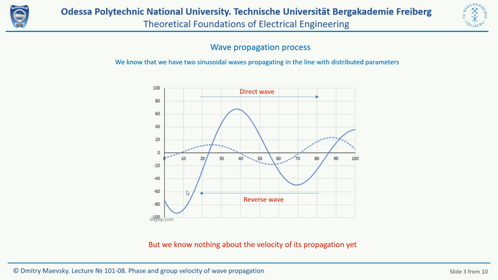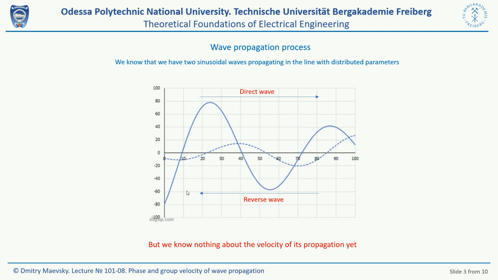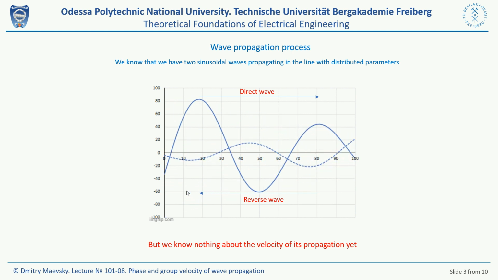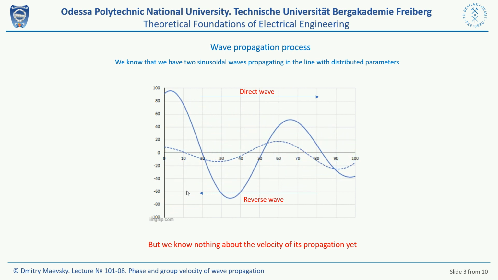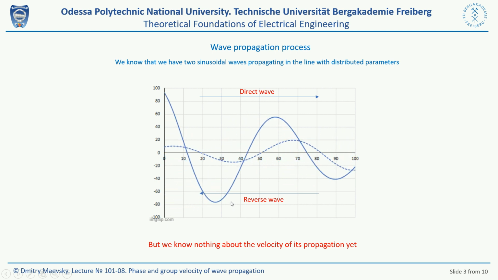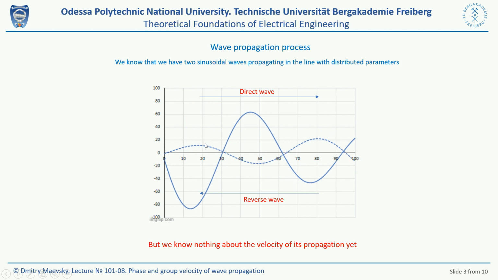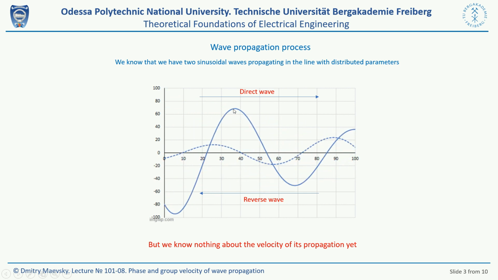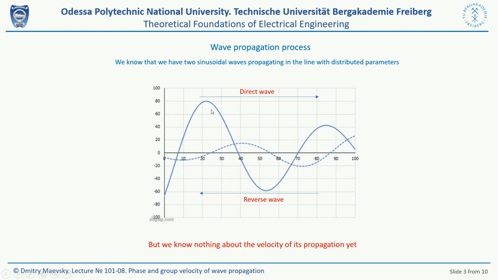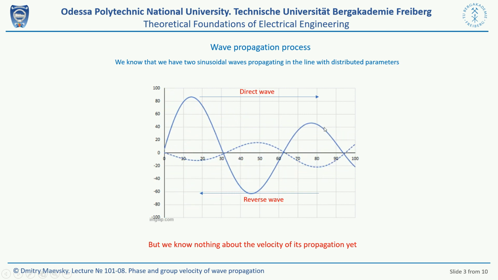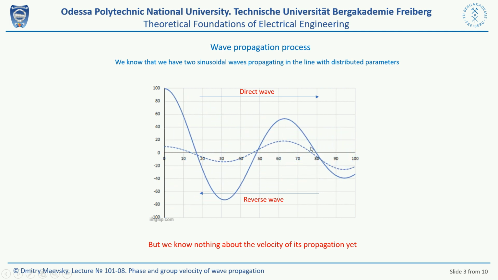It is intuitively clear that the speed of wave propagation can be determined by setting a specific point and tracking the movement of this point along the line. As such a characteristic point, you can take, for example, the maximum of the oscillations or its zero point.